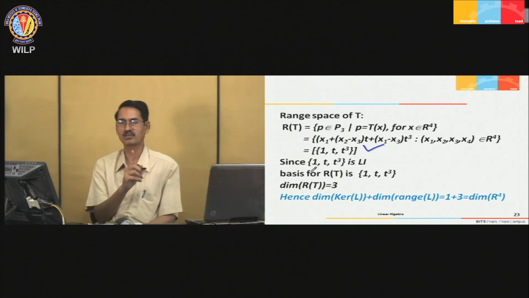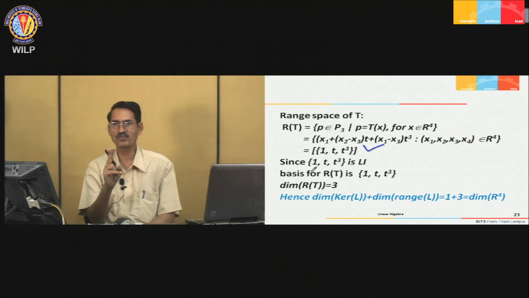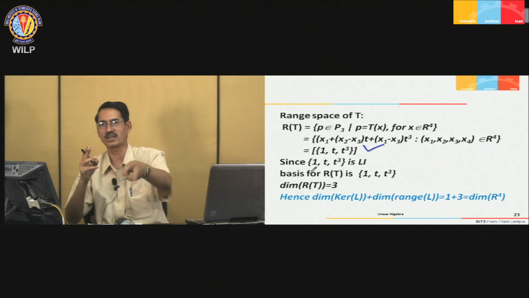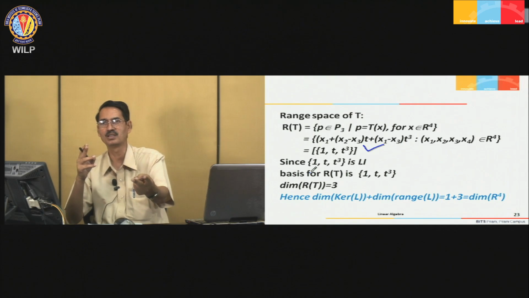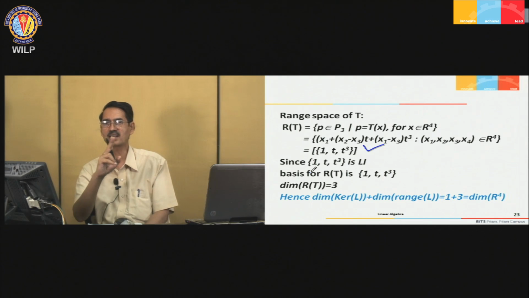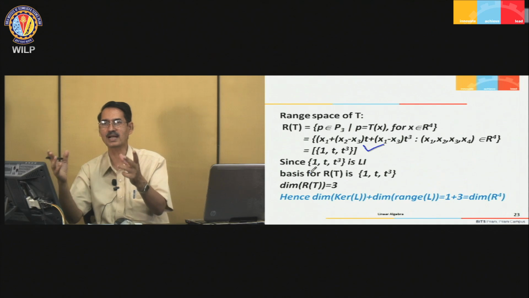What have you seen here? The dimension of the range space of T is 3 and the dimension of the null space is 1. What is the sum? The sum is 3 plus 1, that is 4, and this must be equal to the dimension of U, that is the domain space. What is the domain space here? R4.